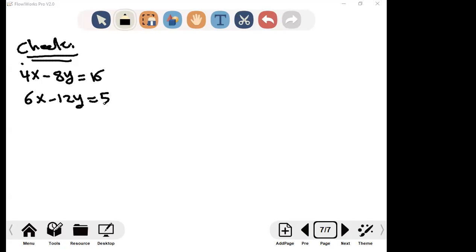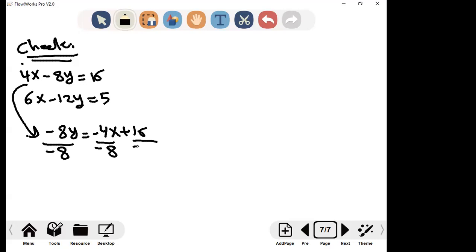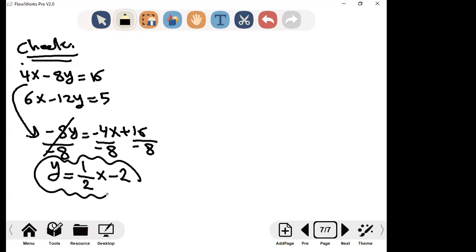So let's take the first equation. Negative 8y equals negative 4x plus 16, right? Divide by negative 8. Y equals negative 4 divided by negative 8, half x minus 2, right? 16 divided by negative 8. This is the first equation.